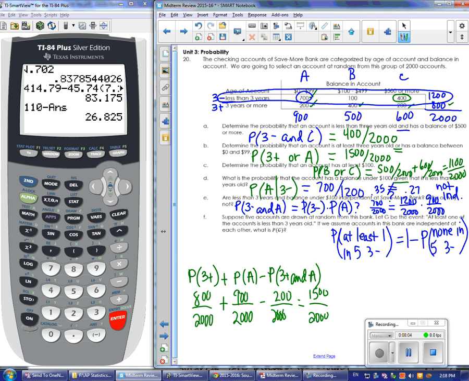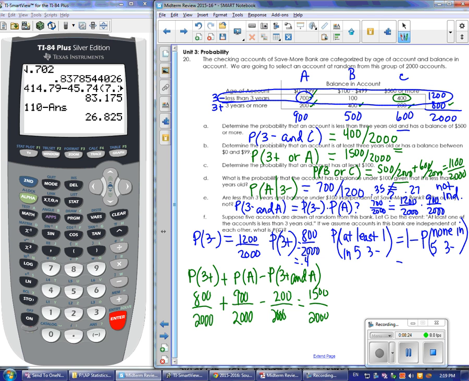So if I know that the probability of being less than 3 years old is 1,200 out of 2,000, then the probability of being over 3 years old, or not less than 3, is going to be 800 out of 2,000, which I believe is 0.4.